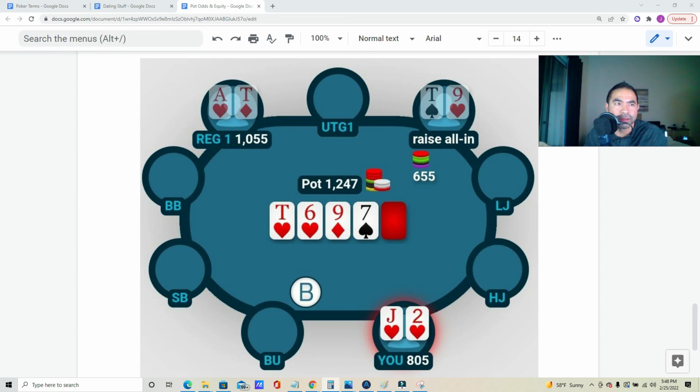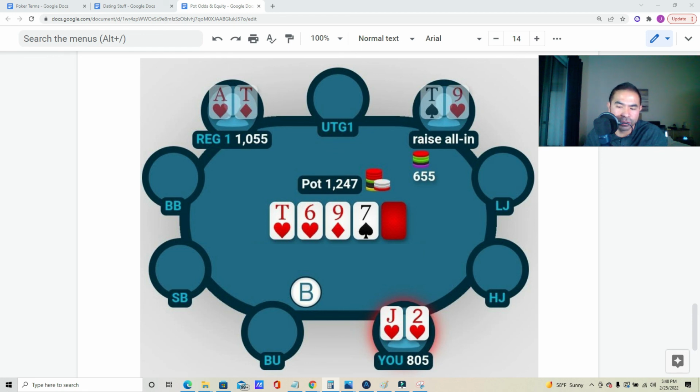Let me double check this. All right. So we have 9 outs. Remove 1 out of the hearts, you have 3, so that's 12. You have 2 cards to come. The 4-2 rule says on the flop, you multiply your outs by 4 to get your percentage by the river, your chances of hitting your hand.